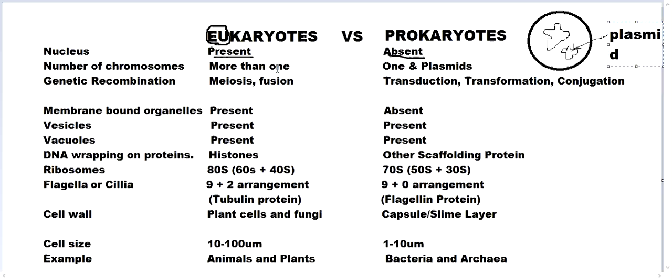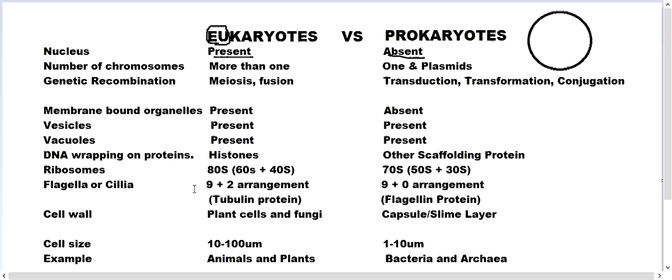That plasmid can provide resistance to antibiotics to the prokaryotes, or the bacteria. For bacteria it is very important to be resistant to antibiotics, and that can be provided by plasmids. It is not present in all types of prokaryotes, but some types have this plasmid and it does the function as mentioned. So that was the second point of difference.